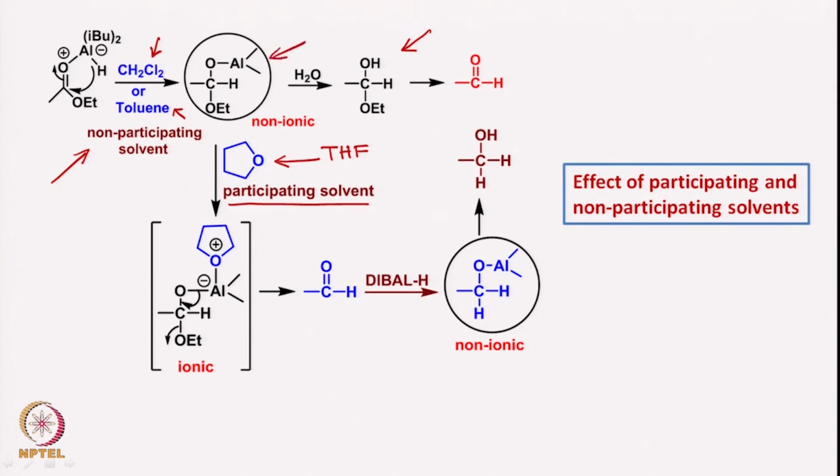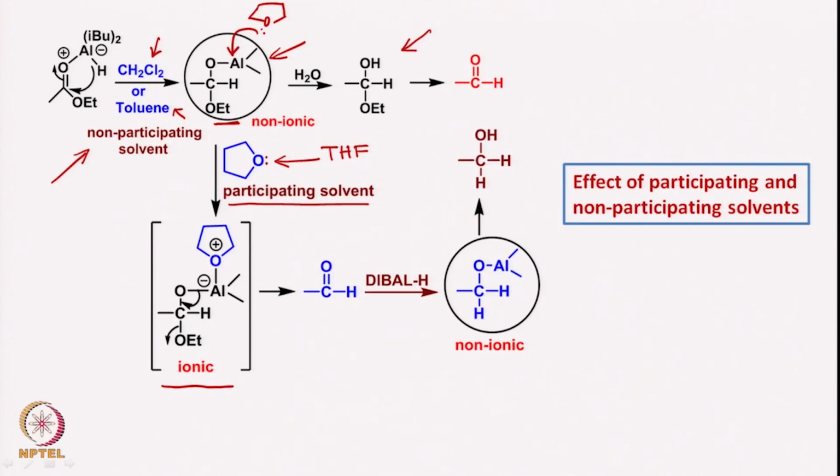But since this intermediate is a trivalent aluminum based non-ionic intermediate, here the THF, which has oxygen with a lone pair of electrons on it, interacts with the trivalent aluminum and forms an ionic intermediate of this type.